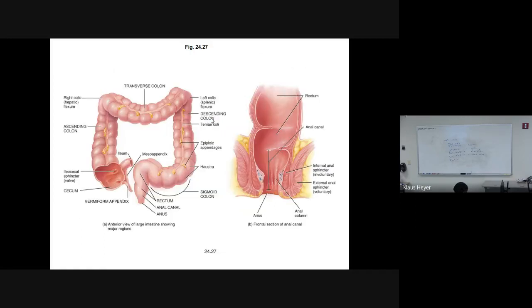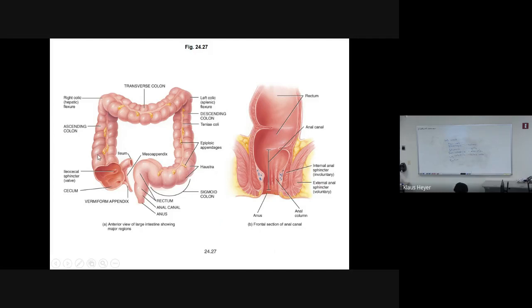Here's your large intestine. So here's the ileum, in other words, the end of your small intestine, so most of the absorption has happened. Not that we don't have any digestion in the large intestine, but that's not its primary job.